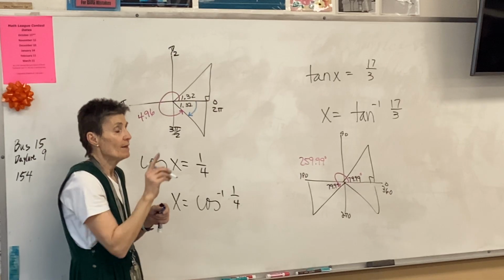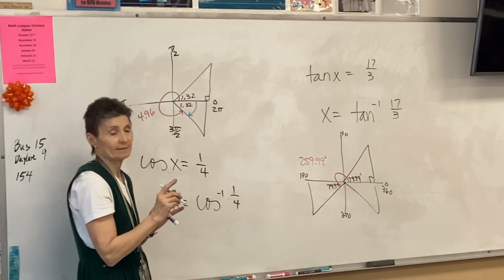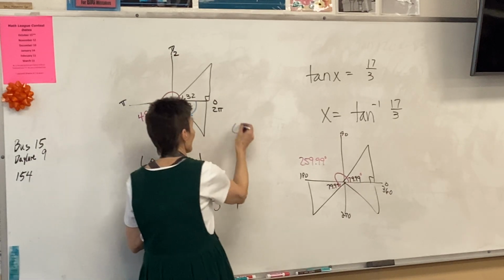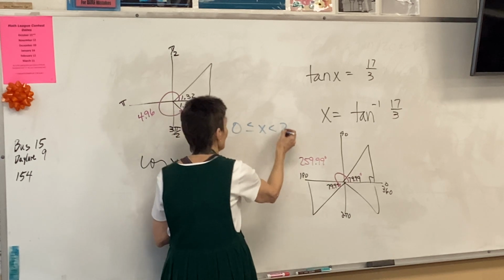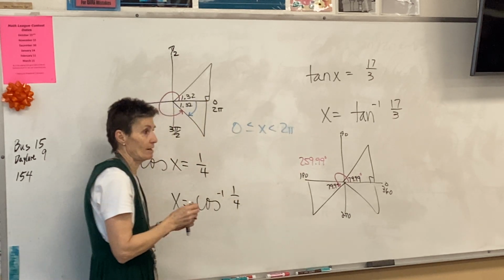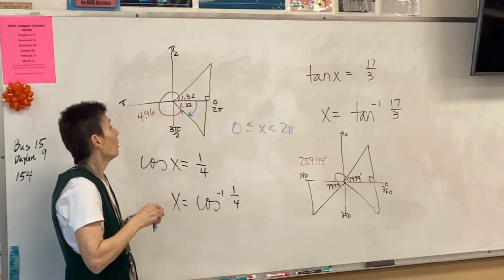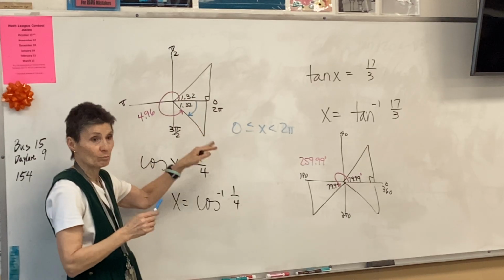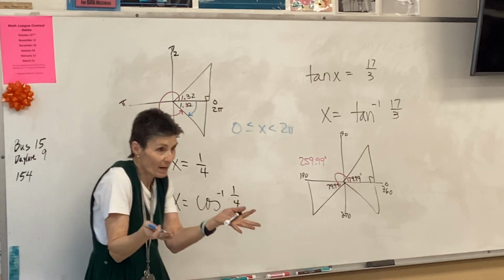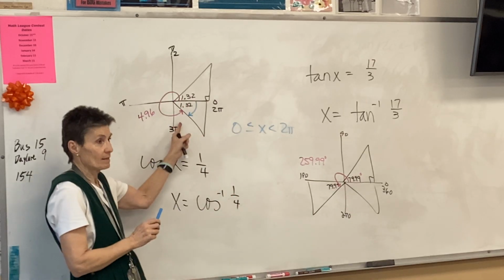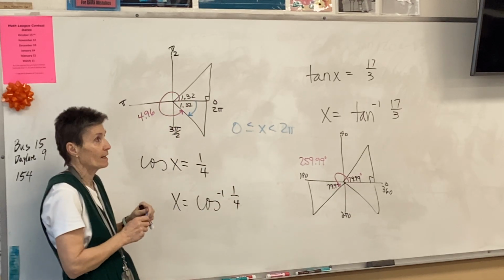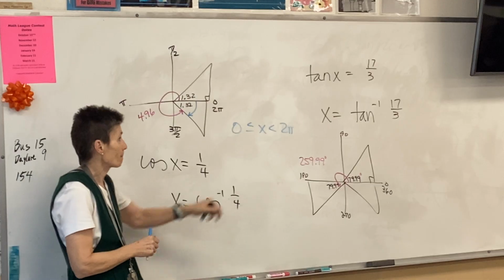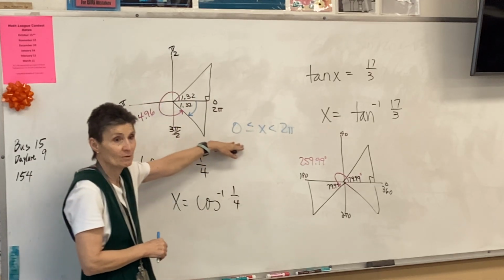And the answer is, not this time, because the directions tell you that it has to be positive. So therefore, while negative 1.32 is the right angle, it's not positive. So we have to use the 4.96. Why is it not possible? Because it's gotta be positive, bigger than zero.